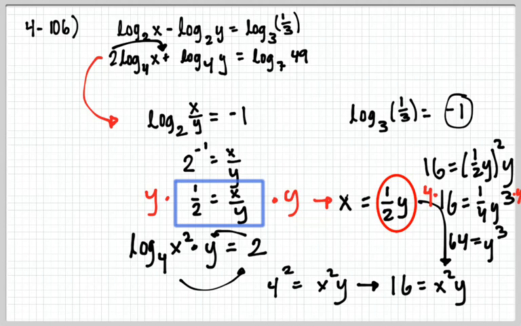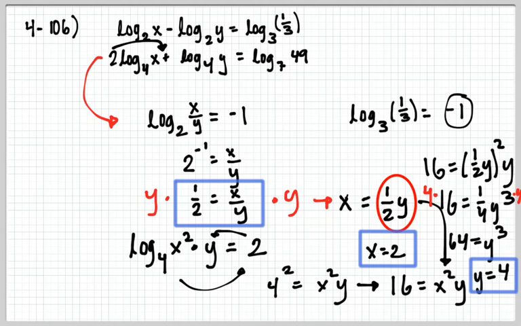Take the cube root, and y will equal 4. Now that y equals 4, we can go back in and find x by plugging 4 in for y. 4 times 1/2, x will equal 2. So x equals 2 and y equals 4.